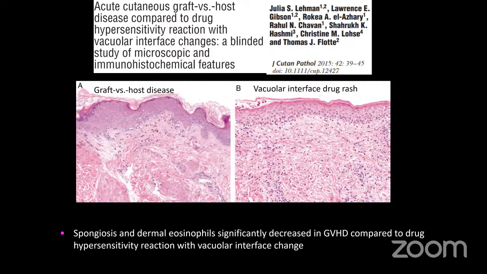This group blindly looked at some acute GVH cases, and they found that maybe more spongiosis and a lot of eosinophils would be more in favor of a drug. So a lot more spongiosis, a lot more eosinophils can be drug, but as I mentioned, you can have eosinophils in graft-versus-host disease.